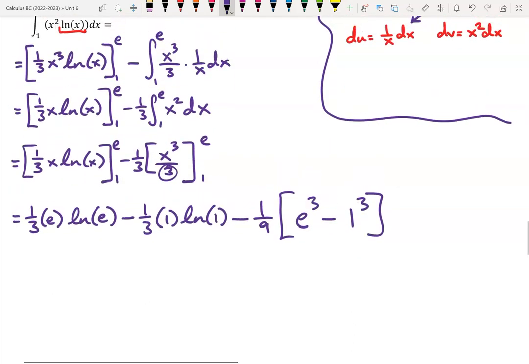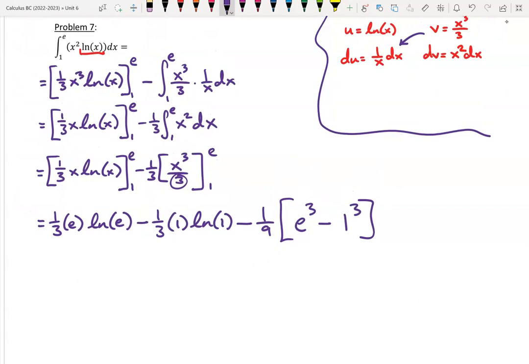All right, so then that's going to be e over 3, I'll just write that 1/3 times e. Natural log of e is equal to 1, so I just have that times 1, minus 1/3 times 0, minus 1/9 e cubed, and then that should be plus 1/9.